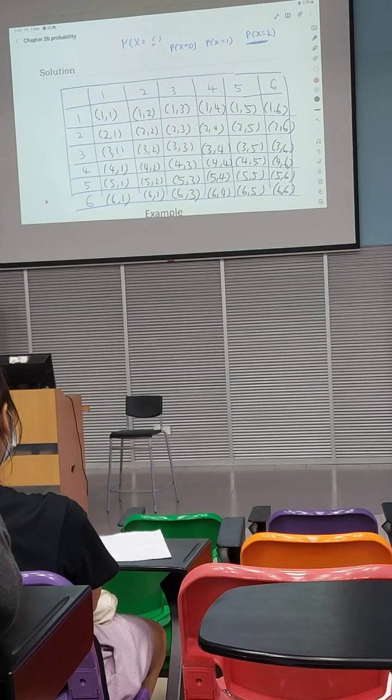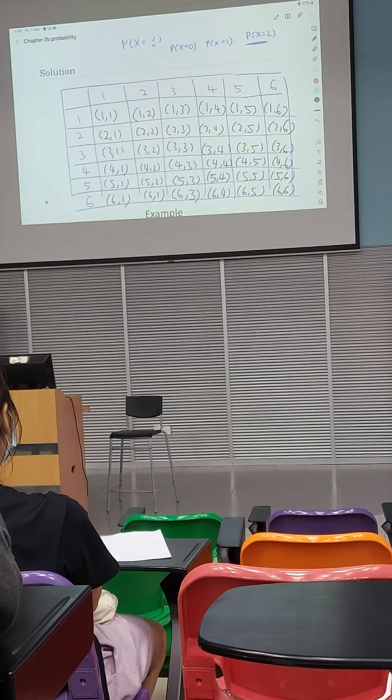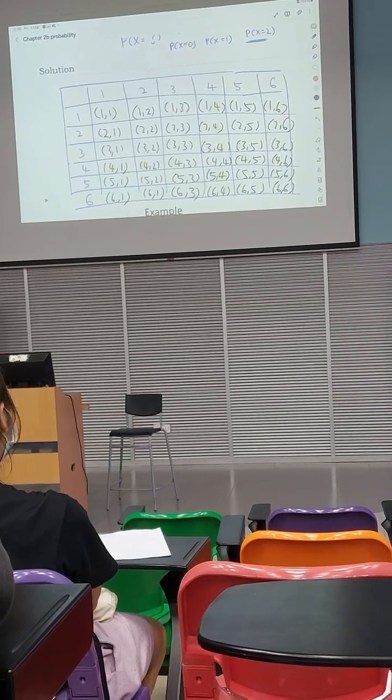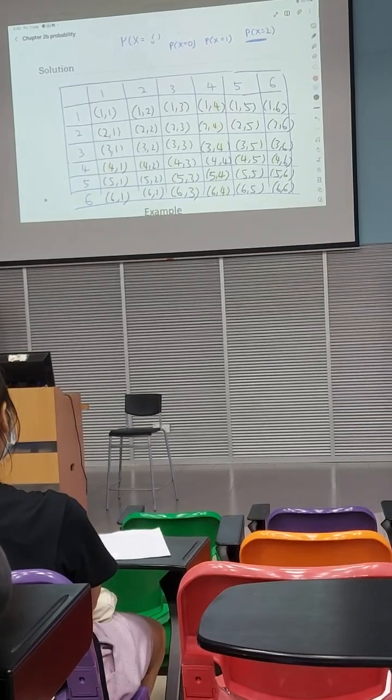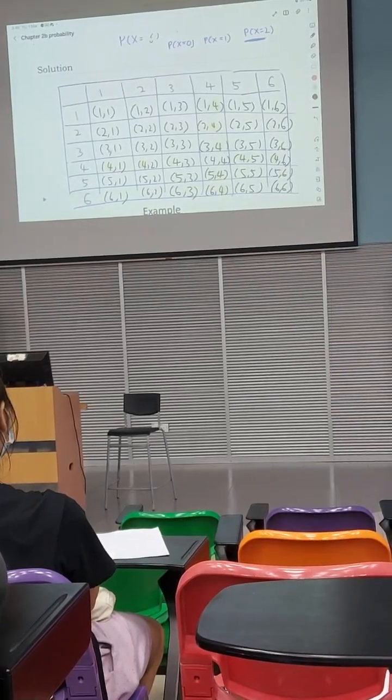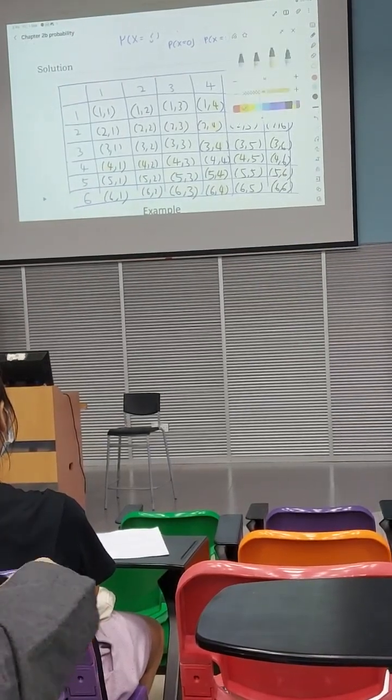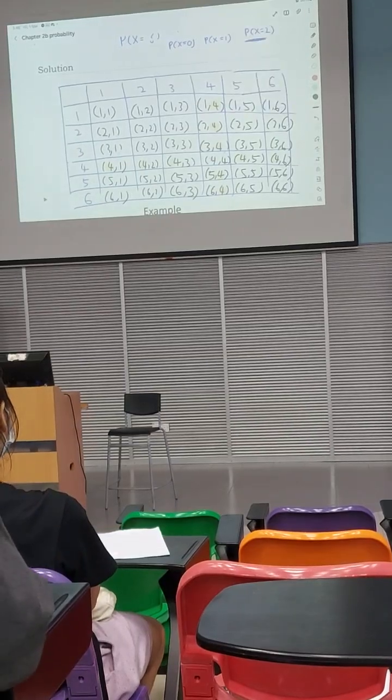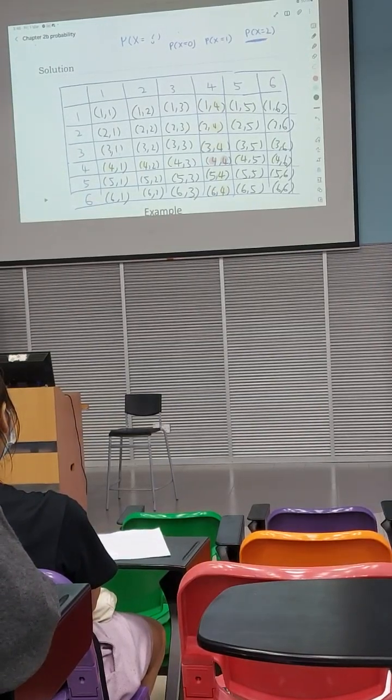I pick up all the 4s. This row has 1 and 4, and this column has 1 and 4. Then I notice that there is one outcome where I get both number 4s.